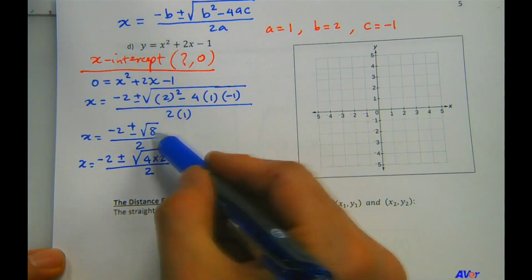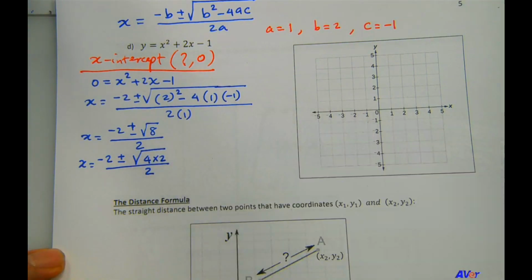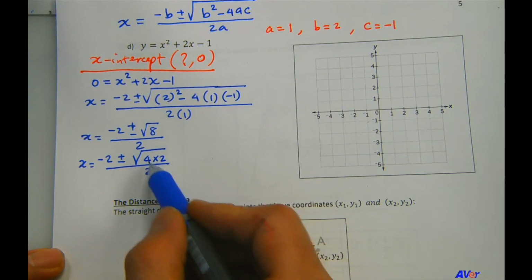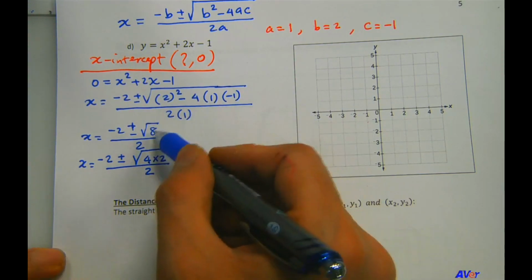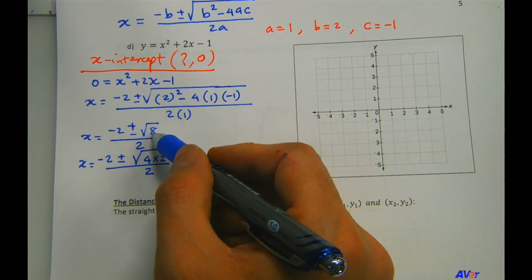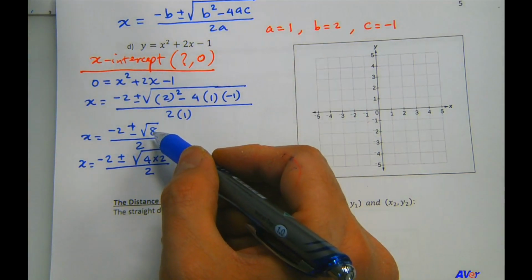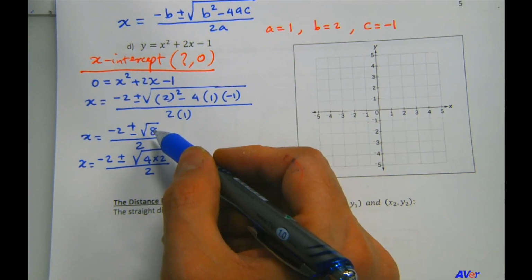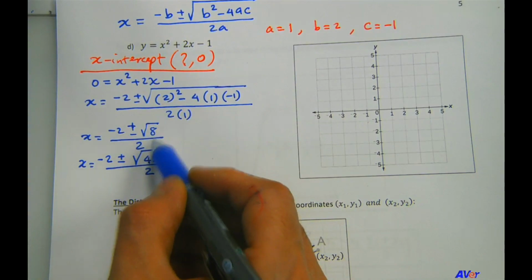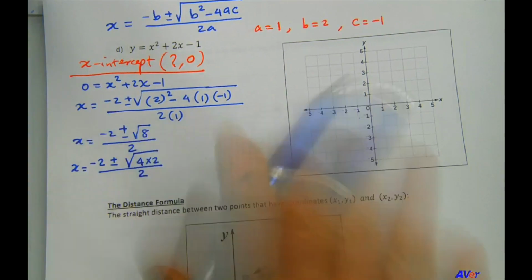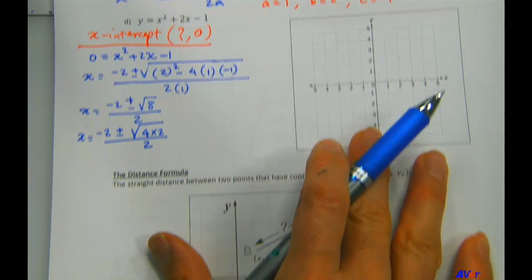I can write 8 as 4 times 2. There's nothing wrong with that. But then 4 is 2 squared. Any part of 8 that can be written as something squared is useful. Why? Because you can remove that part from inside the radical expression.